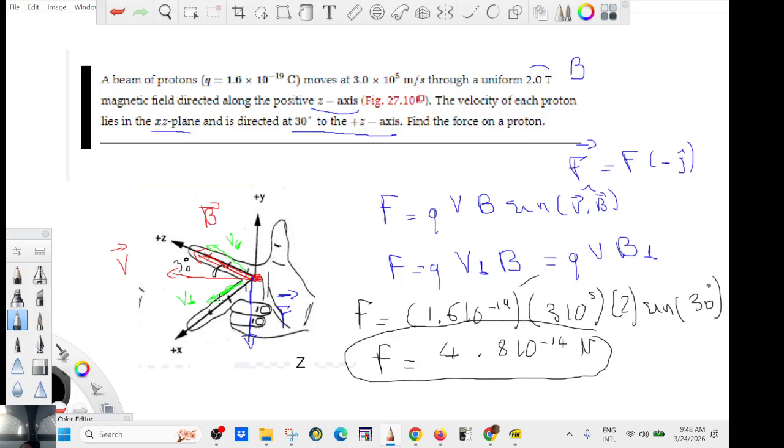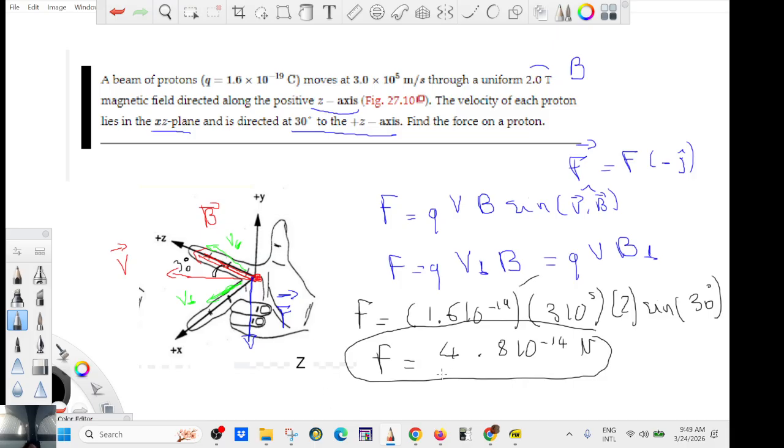Only this component is making the deflection happen. If you don't have that component, there is no deflection. So the magnetic force is a high maintenance force. Not only do you need a charge, and the charge has to be moving, but it has to be moving with a component perpendicular to the magnetic field. Otherwise, it's boycotting.